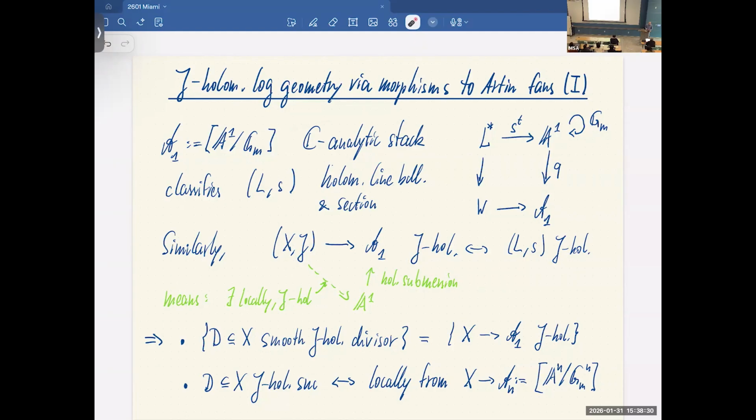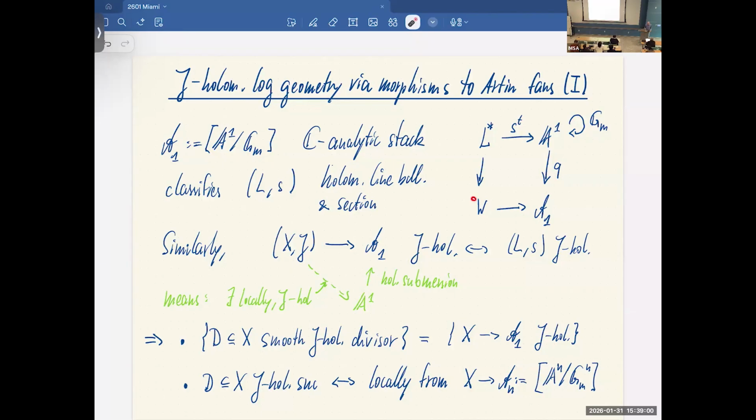So you take the complex line and divide out by C star. And I write A1 over G_m to make clear it's not C star, not just C minus a point, it's a group. And A1 really has a vector space structure. Okay, so I take this quotient, and that classifies G_m-torsors in the following way, or as holomorphic line bundles with section.